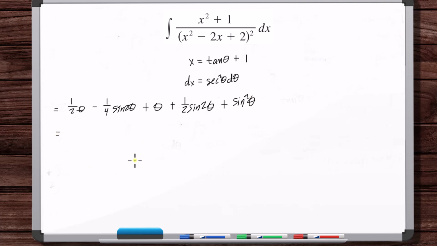Okay. So this is 1/2 plus 1 is 3/2 theta minus 1/4 plus 1/2 is 1/4.